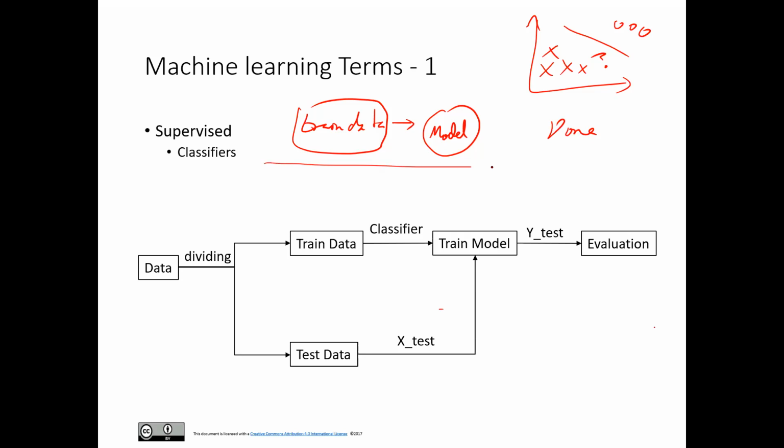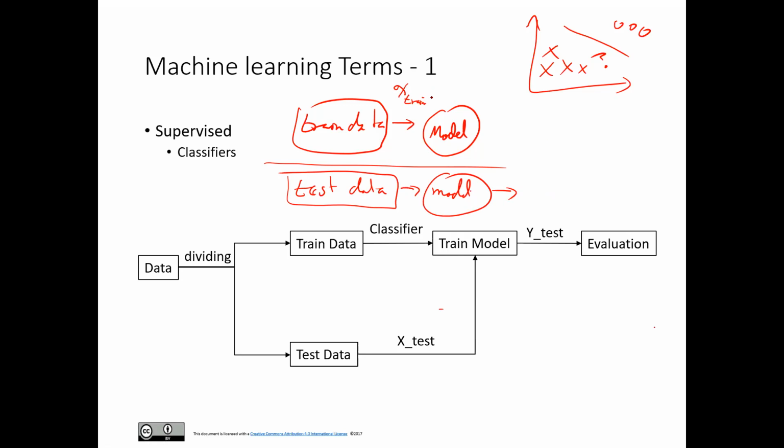In a separate, completely separate step, you got your test data. You feed the test data into the model, and the model makes predictions. The one thing that I should say is that when you're building the model, you always give it X train, Y train, right? You give it samples and the associated label.